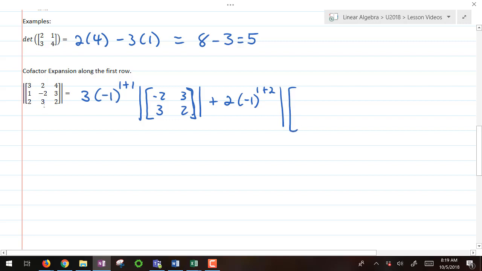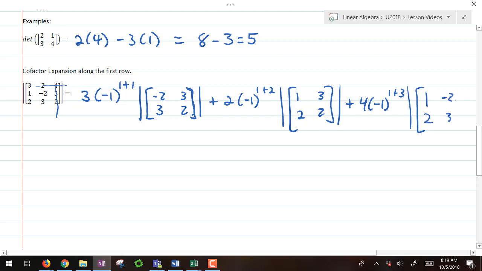So eliminate the first row and second column, and you're left with 1, 2, 3, 2. Plus 4 times minus 1 to the 1 plus 3 times the determinant of the minor, eliminating the first row and the last column: 1, 2, minus 2, 3. All right, so that's it.